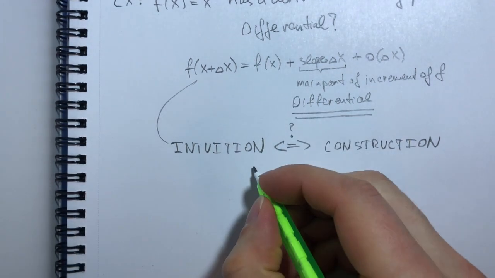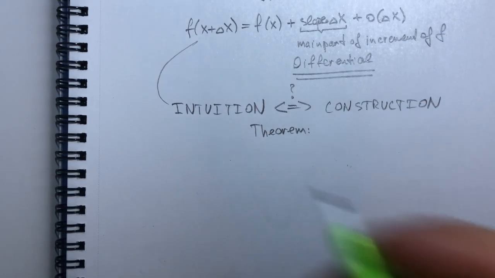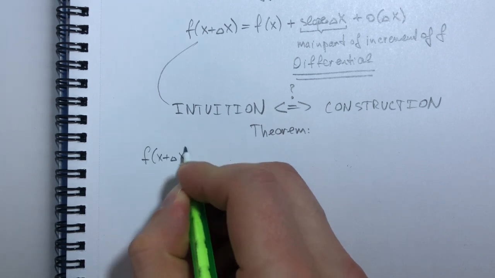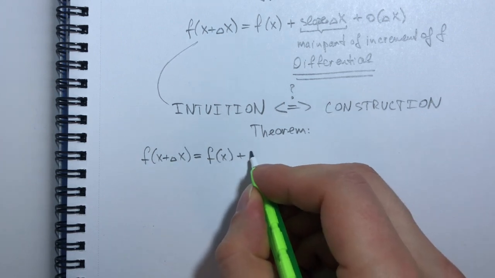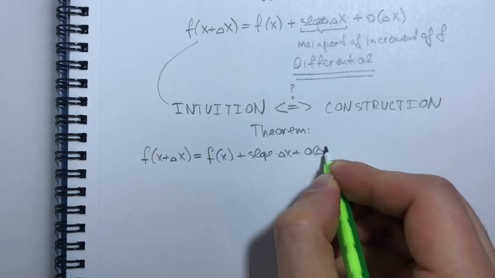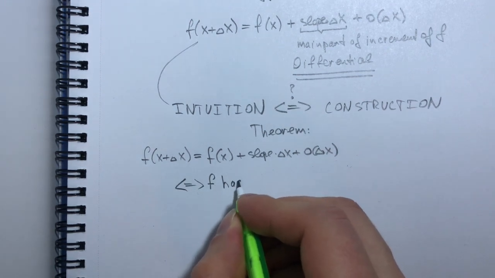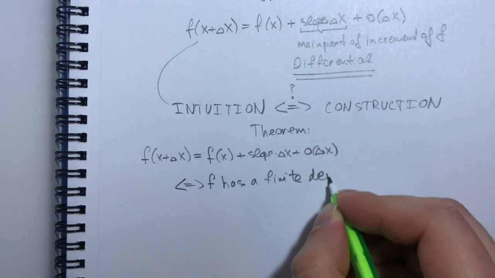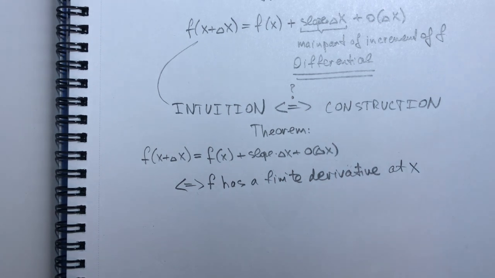We have the most important theorem in the beginning of calculus, which is that f of x plus delta x can be written down in this form if and only if f has a finite derivative at x.